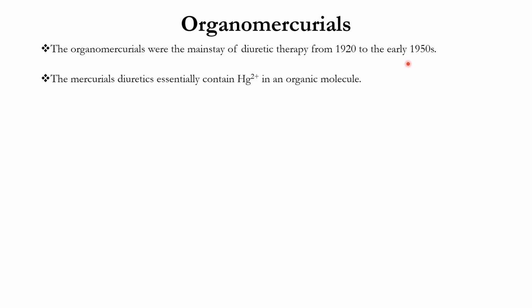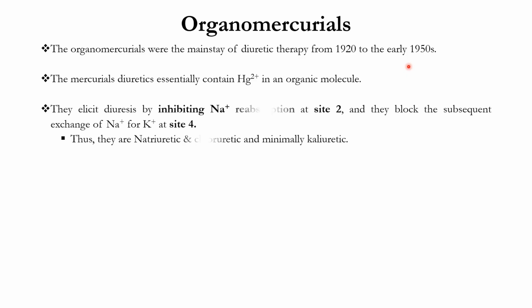In the early 1950s, a drug known as acetazolamide was introduced, particularly in 1953, as an orally effective carbonic anhydrase inhibitor. Before that, these organomercurials, which commonly require intramuscular injections, were the principal diuretics available.